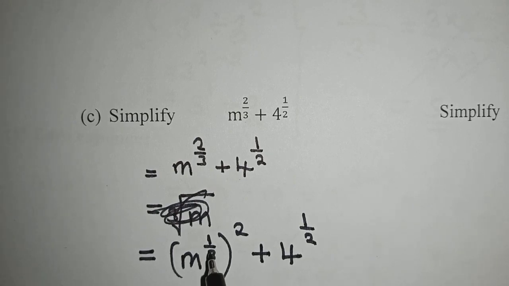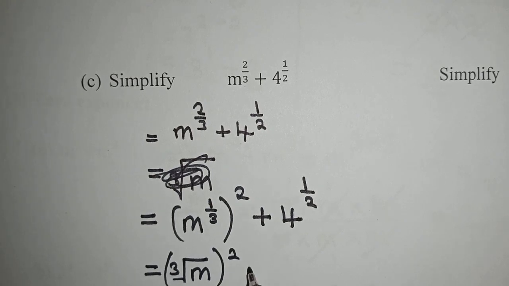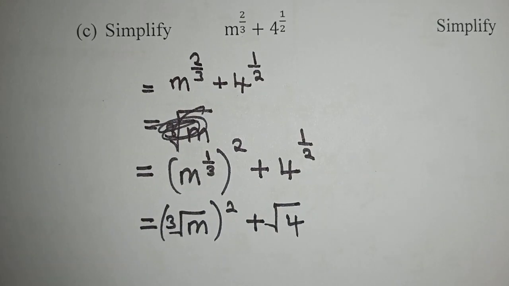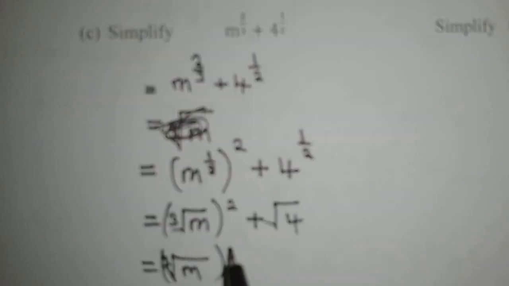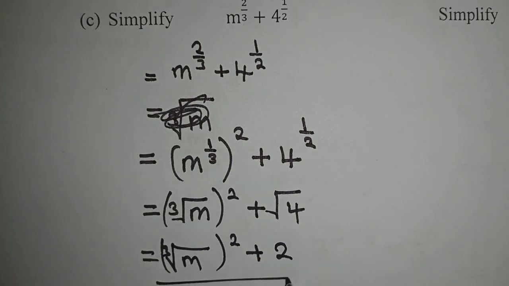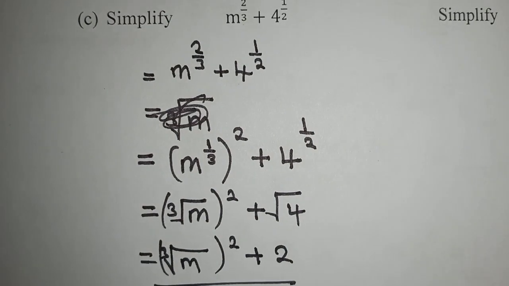So remember what we did here. We said this 1 over 3 is a cube root. So this one will just be cube root of m, and then there power 2 plus, remember we said a fraction 1 over 2 is a square root. So here it will be cube root of m power 2, you leave it like that, and then the square root of 4 is a 2, the number that multiplied by itself gives us a 4. And this number is a 2.